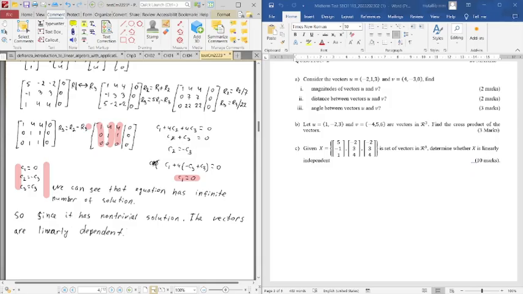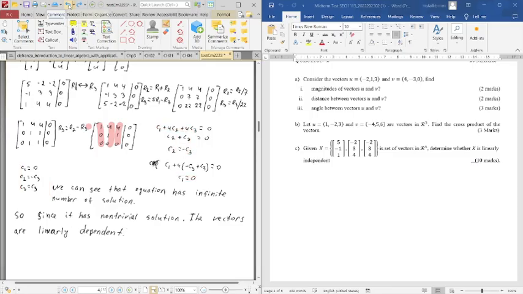When we put 5 and negative 5 here, it will satisfy our system. Since it's a non-trivial solution, because we can have any number for C2 and C3, these vectors are linearly dependent.